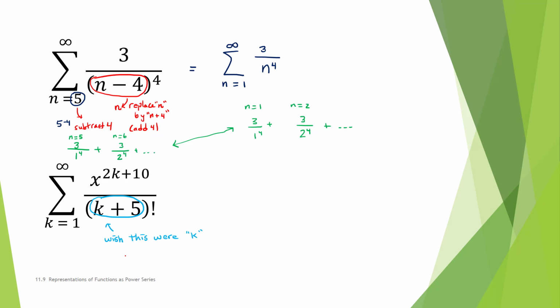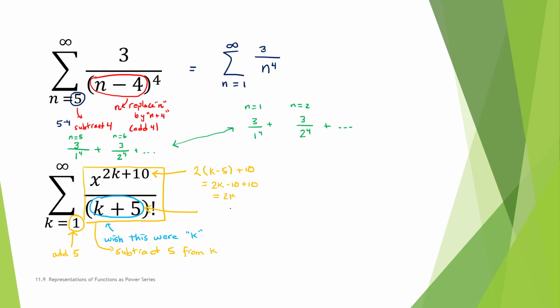So that means that in my term, I'm going to subtract 5 from each place I see a k, and right here I'm going to add 5. So let's just do a little bit of scratch work. This exponent, if I subtract 5 from the k, becomes 2 times k minus 5 plus 10, which is 2k minus 10 plus 10, which is 2k.